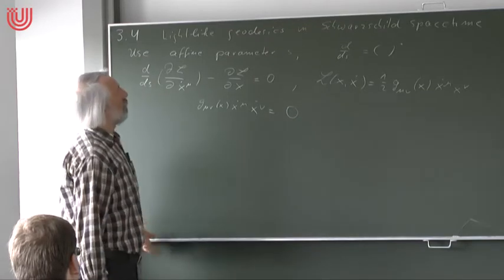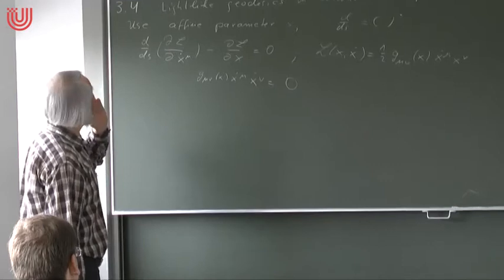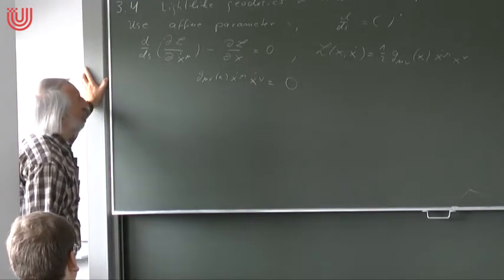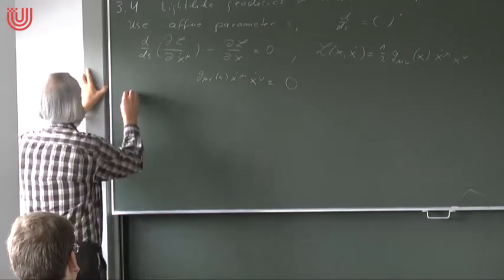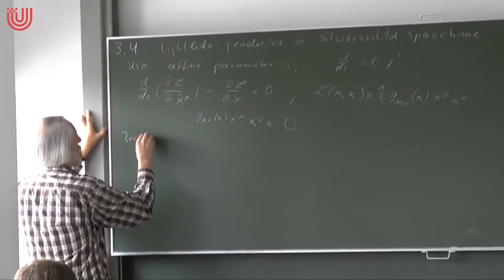Okay, so the set of equations we will need is, as in the time-like case, only 3 equations because we can restrict to the equatorial plane, just because of the symmetry.